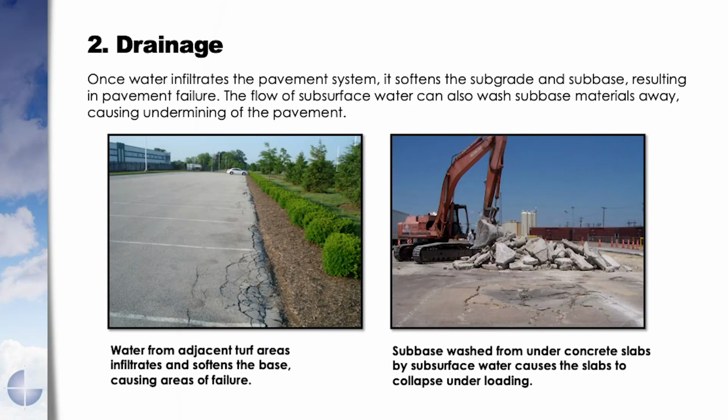Like I mentioned, once water infiltrates a pavement, it causes failure. And here's a couple projects that we're involved in. On the left side, we have a really good asphalt pavement. It's probably only 5 years old, but all the deterioration is occurring right along the edge. What we found is happening here is the water is running across the parking lot and dumping into the landscape area.